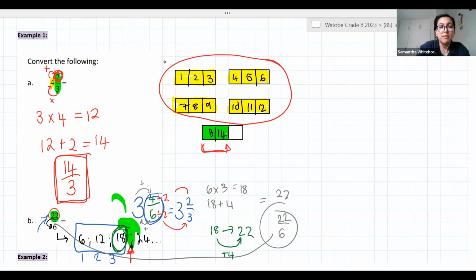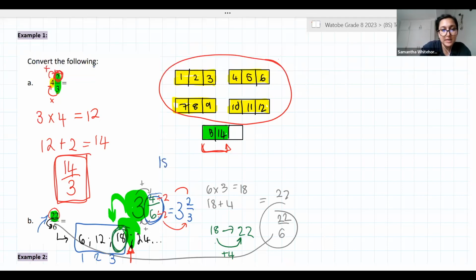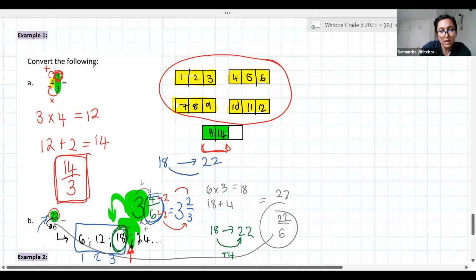So I go to the multiple before and I say, cool, I definitely can get 3 whole 6s into 22, but I can't get 4. It's not quite 4. So how many do I have left over? What parts of the whole do I have left over? So if I'm currently sitting at 18 and I want to get to 22, how many parts do I need to add?